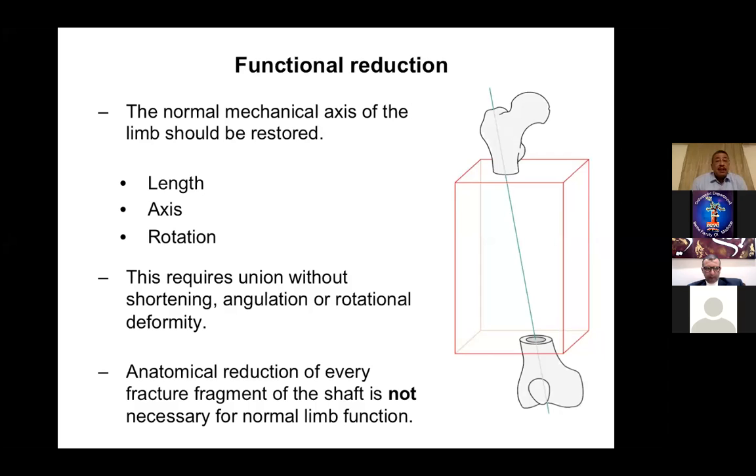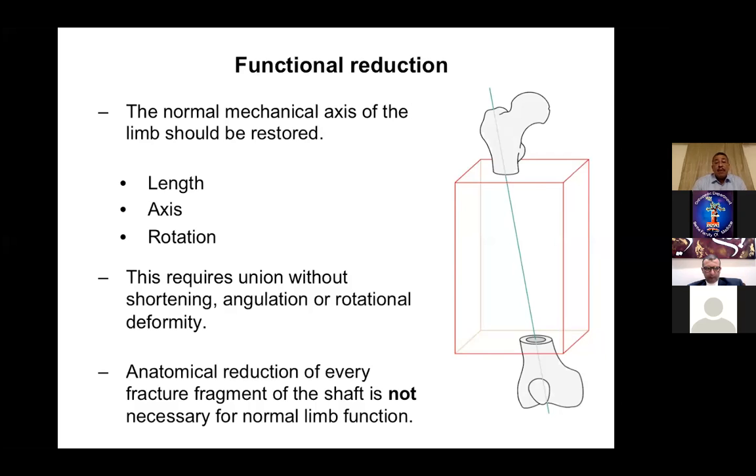What about the functional reduction? Functional reduction means to regain the normal mechanical axis of the limb, to restore length, axis, and rotation. So we will get union without shortening, without angulation, and without rotational deformity.